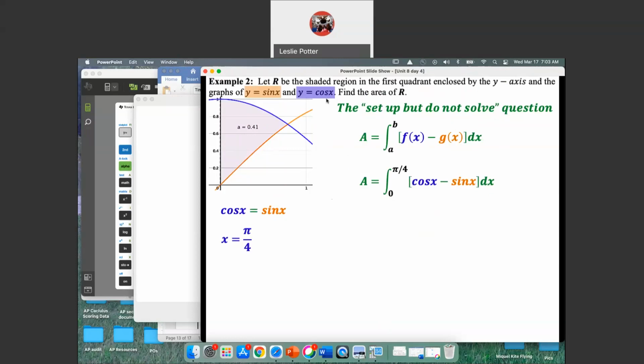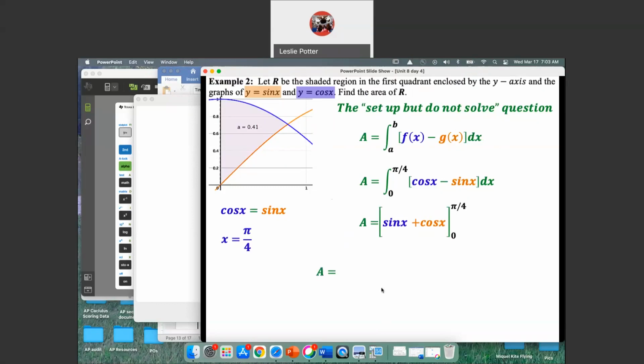But this example says we need to find the area, so we need to solve this. We know the antiderivative of cosine is sine, and the antiderivative of sine is minus cosine. Since we have a minus here, we have a plus cosine after we integrate, and then we evaluate that from 0 to pi over 4.